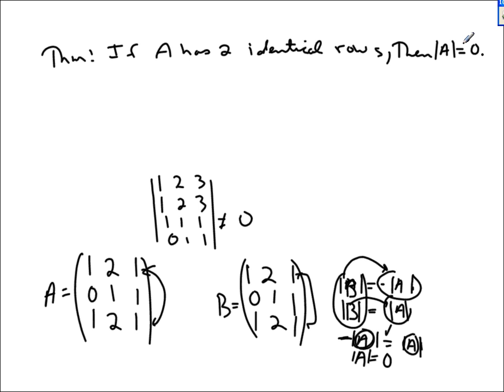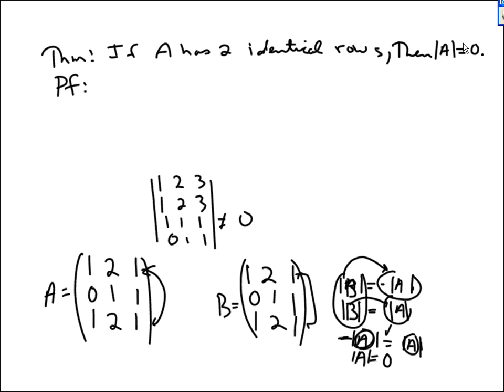The proof, I kind of sketched it very nicely on the bottom. Let A have identical rows.